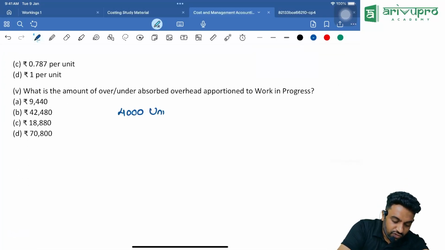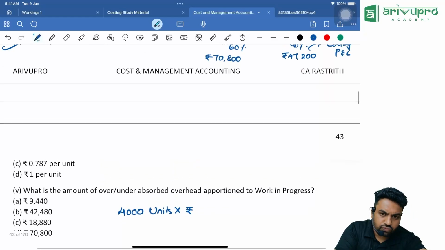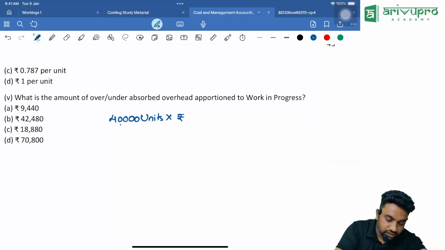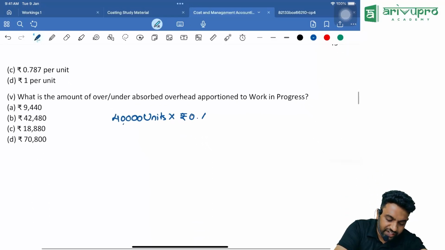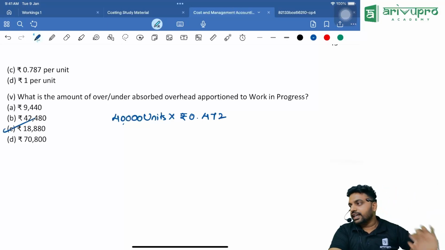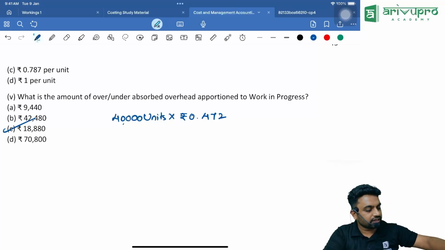WIP is 80,000, so 40,000 units into rupees 0.472, that is 18,880.